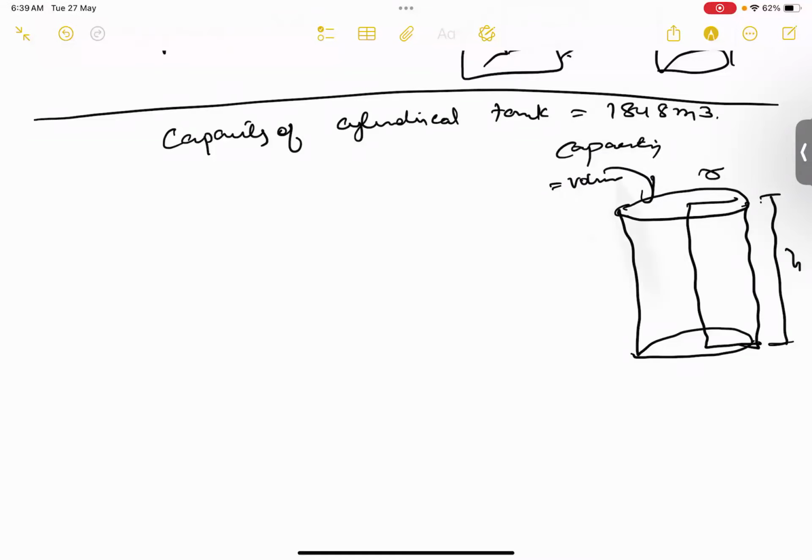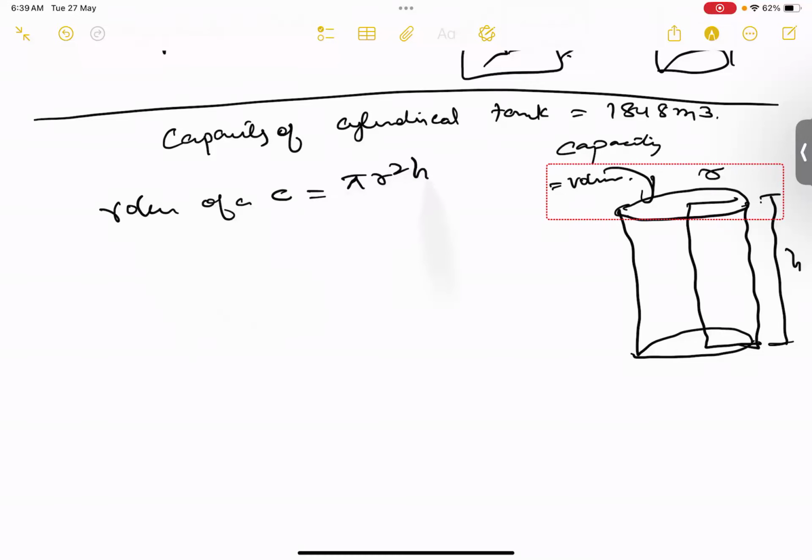Okay. Now we know that the volume of a cylinder is nothing but pi r square h, right? This is the formula for the volume of a cylinder. Now, the height, that is the depth, it's the same meaning. Height and depth have the same meaning.